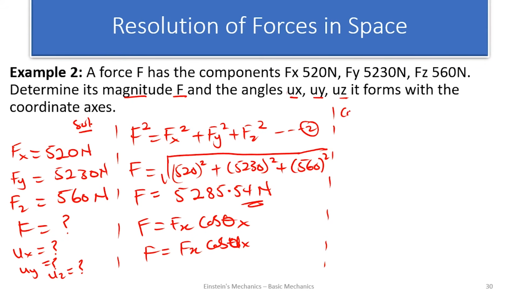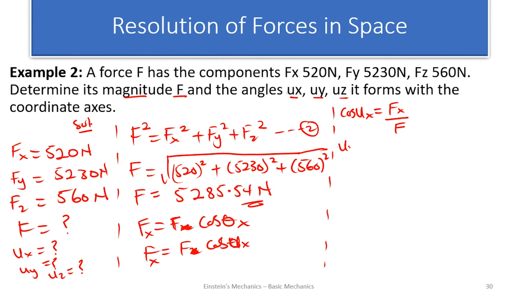So can I say cos ux is now equal to the magnitude? Sorry. So we have our f of x is the same as f cos ux. So our cos ux will be f of x on f.